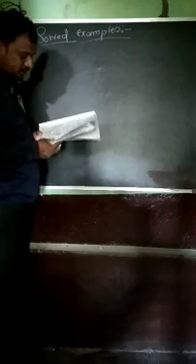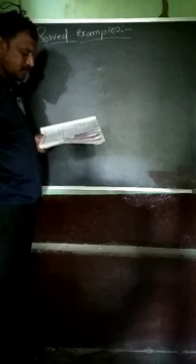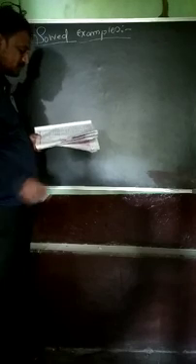See question number 2 in the solved examples. If one die is rolled, then find the probability of each of the following events. See here, question number 2 is given.